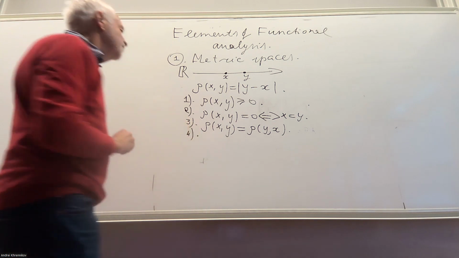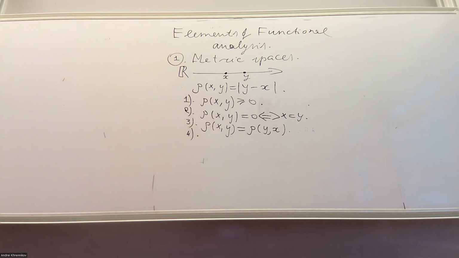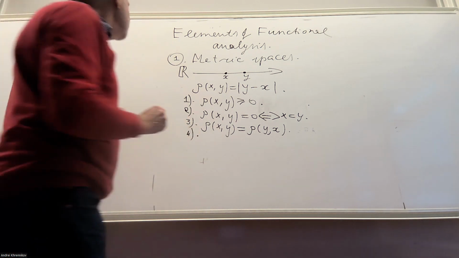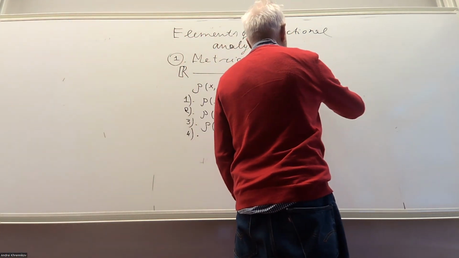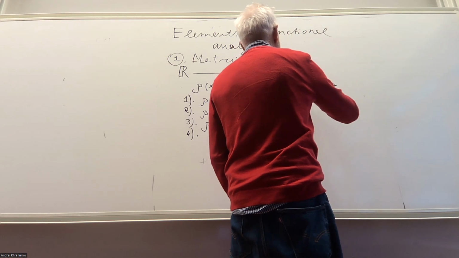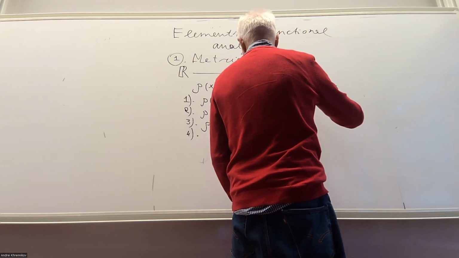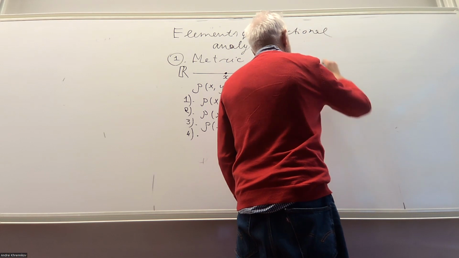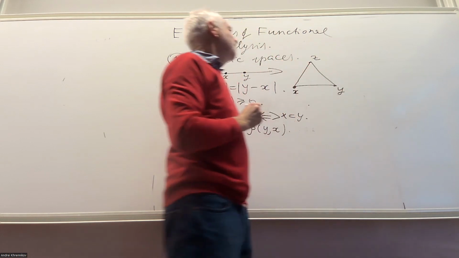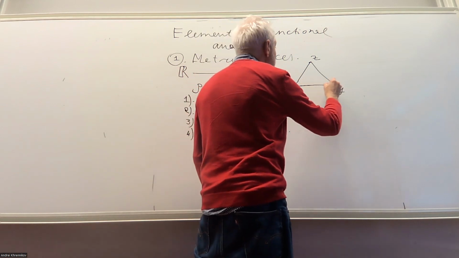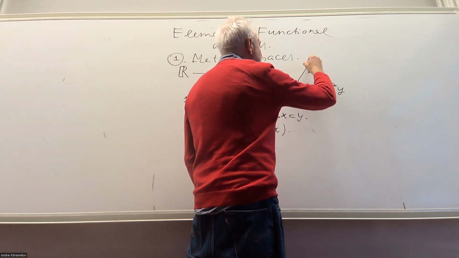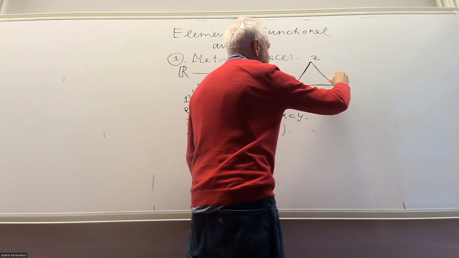And fourth, triangle inequality. When you were in school, you knew such a thing. If you have a triangle, for example x, y, z, then you knew that the third side in usual geometry is less or equal than the sum of 2 sides.